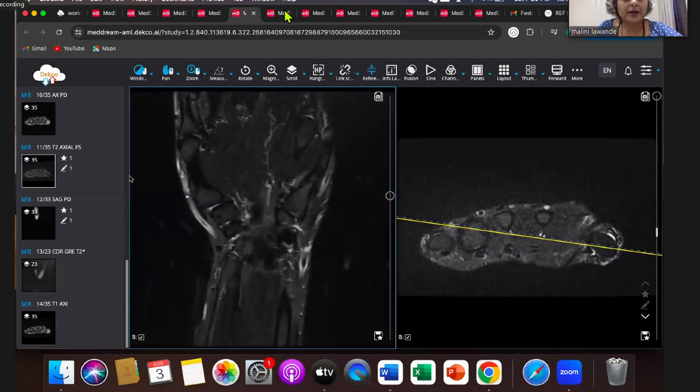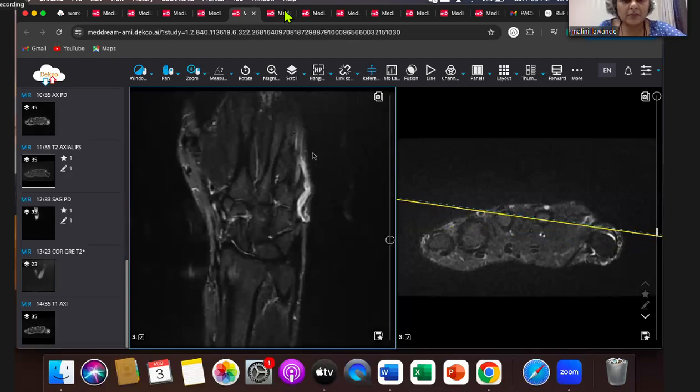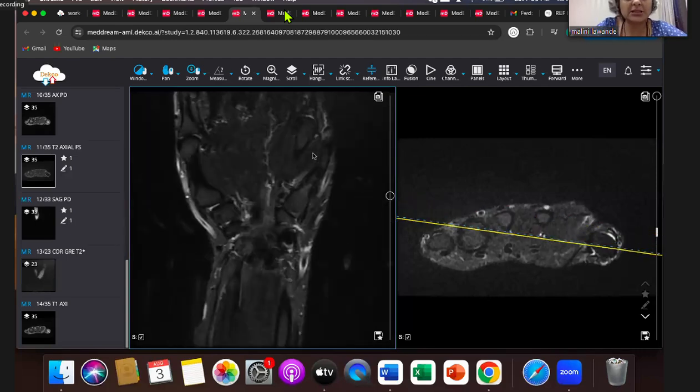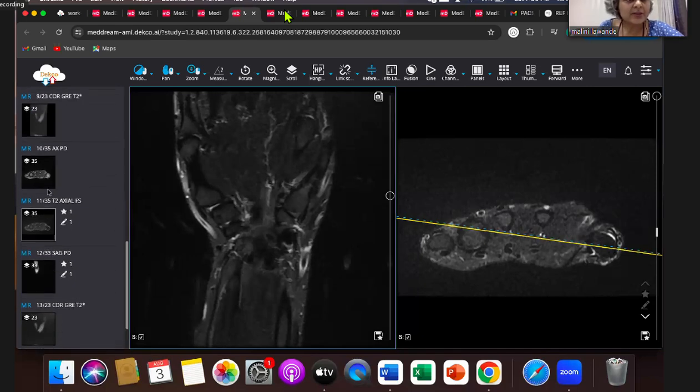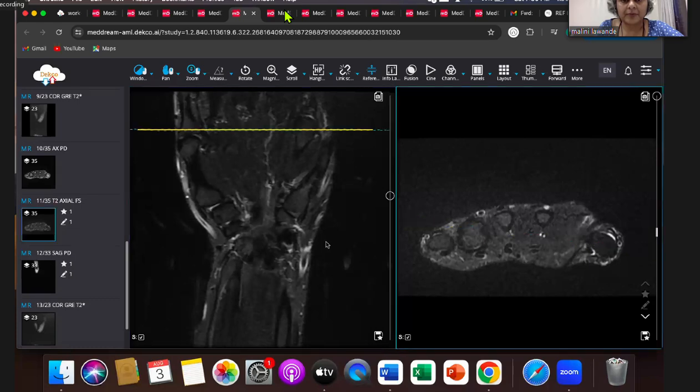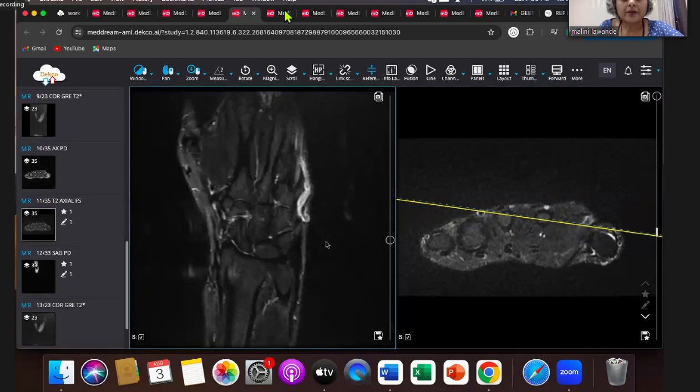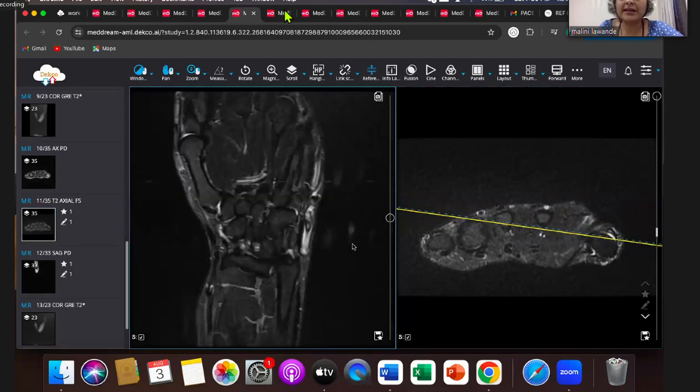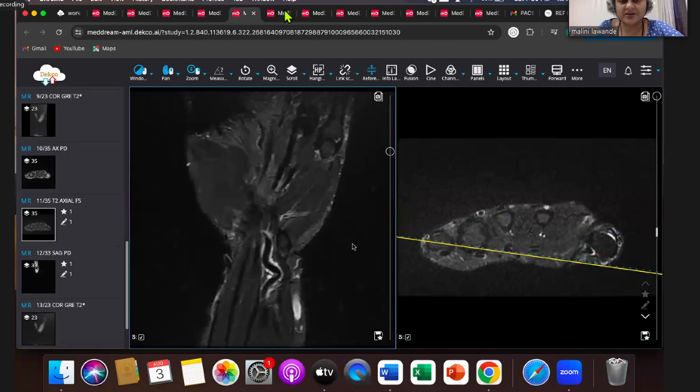Yeah. I'm coming to the next case. This was a 25-year-old sportsman. He used to play tennis, and he presented with pain and swelling along the dorsal aspect of the wrist.